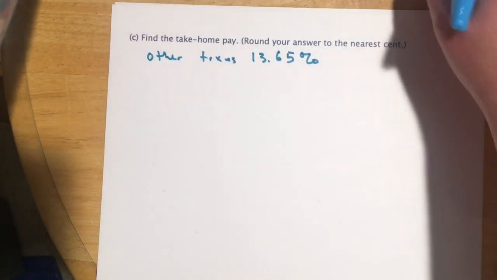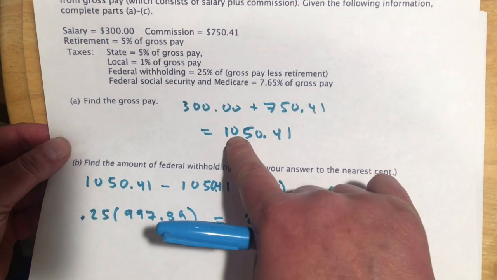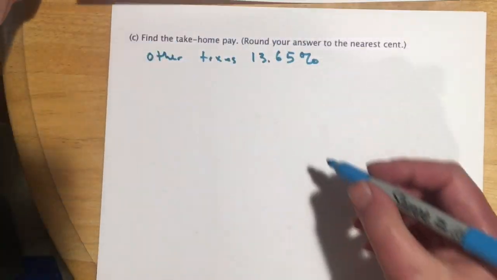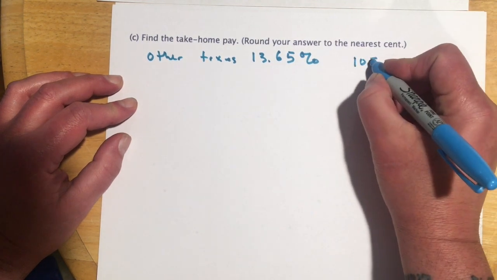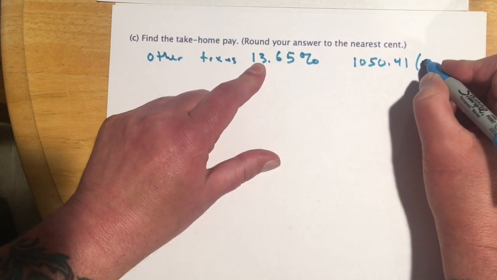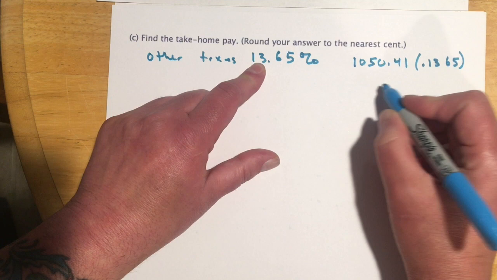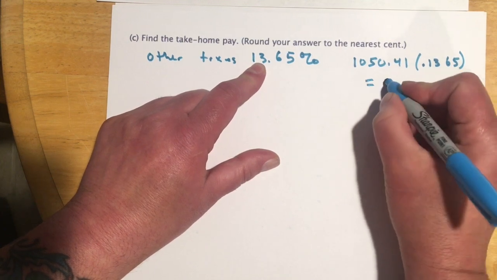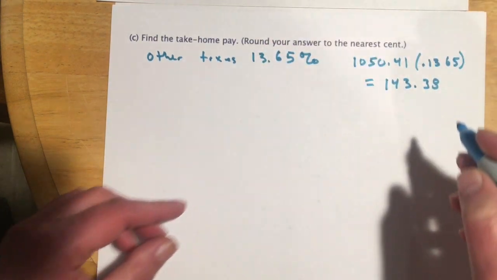And then all of these were gross pay, which was this $1,050 number from the last page. So if I go 1,050.41 and then times this as a decimal, then that gets me 143.38. So that's all those other taxes.